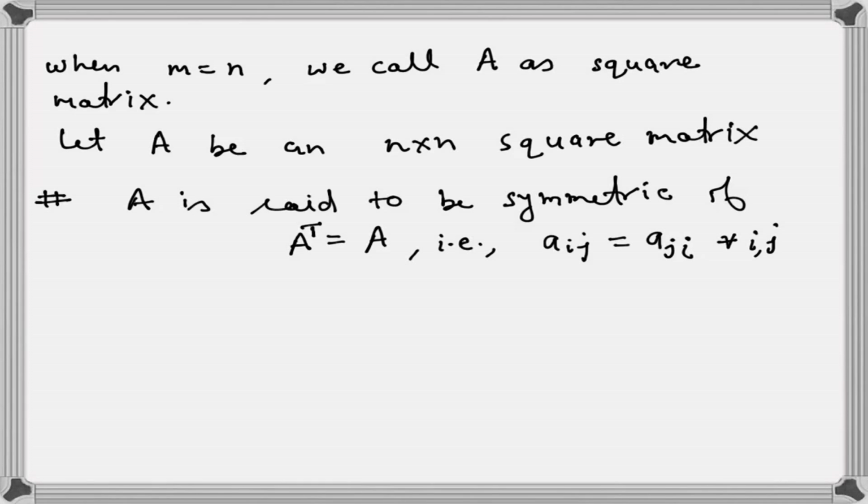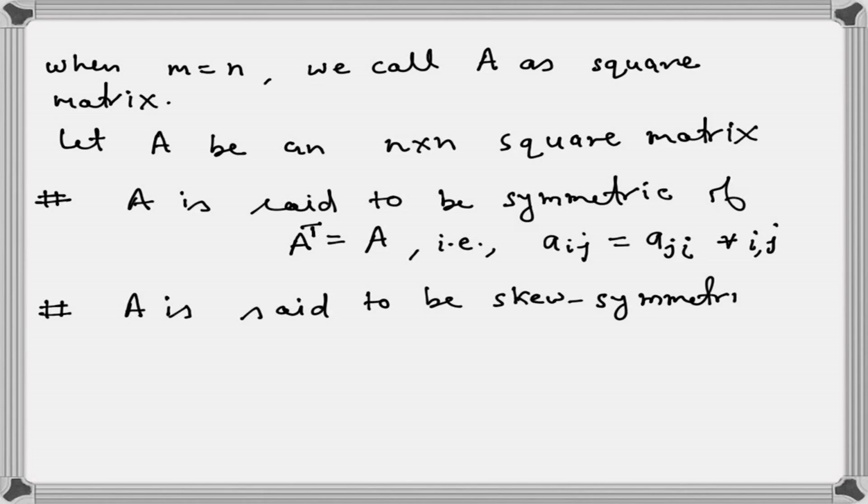Similarly, we say A is skew symmetric if A transpose is equal to minus A. This implies aij is equal to minus aji for all i and j.